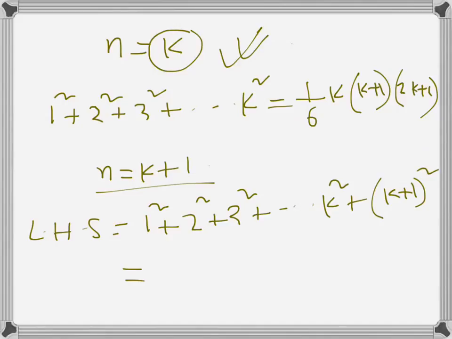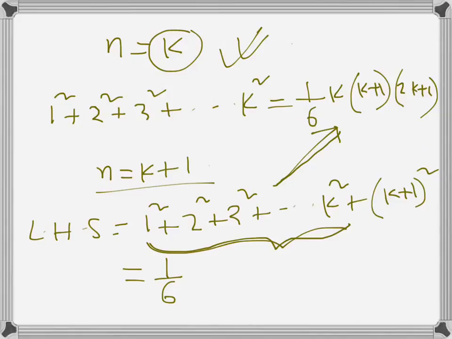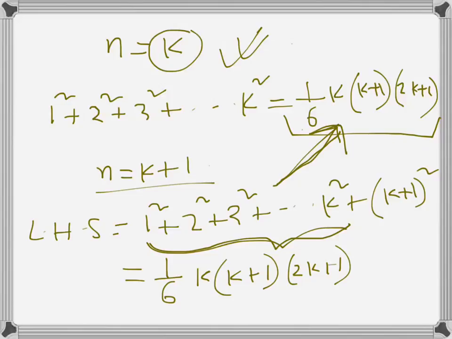Because this is for n equal to k, and when n is equal to k the left hand side is equal to the right hand side, we can replace this series with the right hand side. So 1/6 k, k plus 1, 2k plus 1, and then plus k plus 1 whole square. This is the left hand side when n is equal to k plus 1.